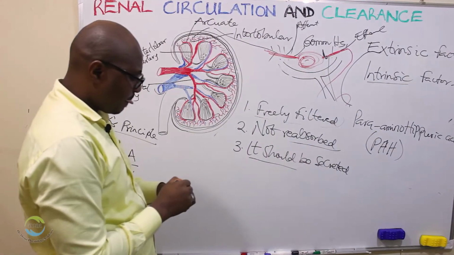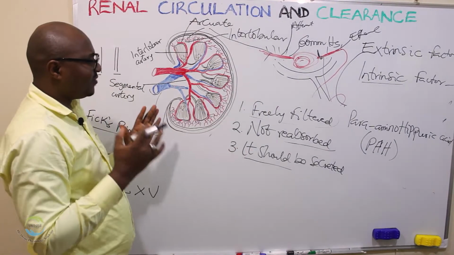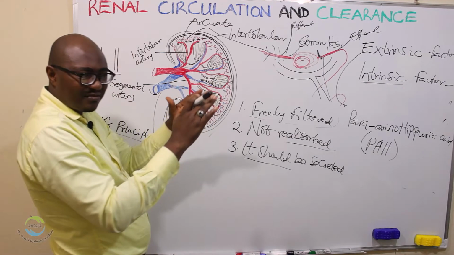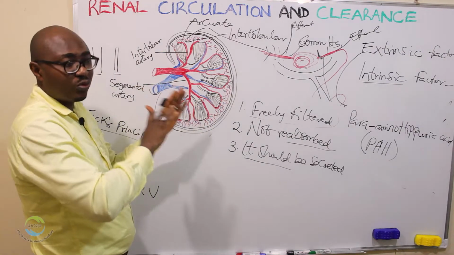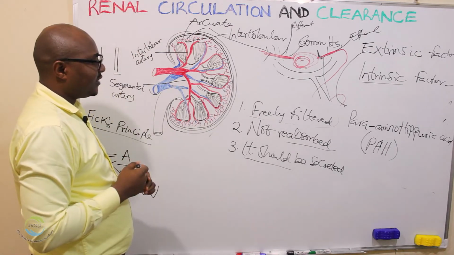PAH. Okay? It's an organic acid. It fulfills this criteria. Freely filtered, not reabsorbed, and it is basically secreted. Almost all of it is secreted back into the tubule and excreted.